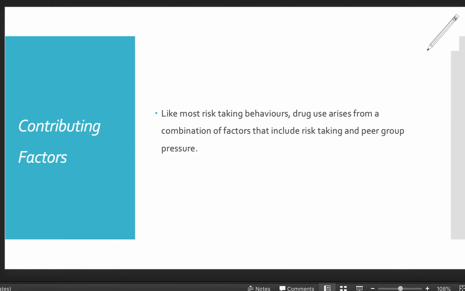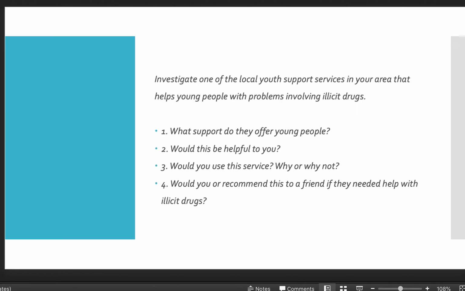If some cultures don't see it as such a major issue, then people might be more inclined to incidentally take these illicit drugs.